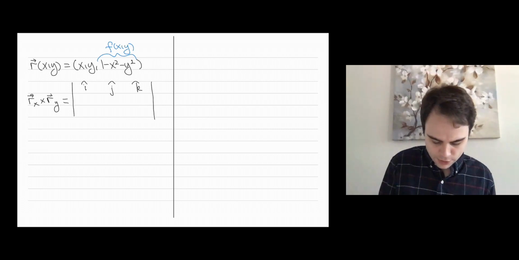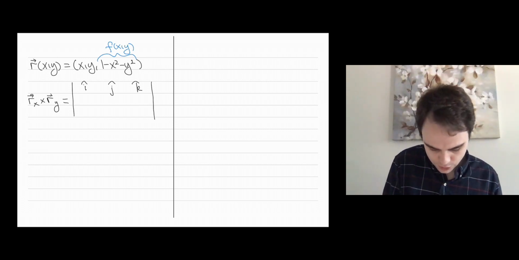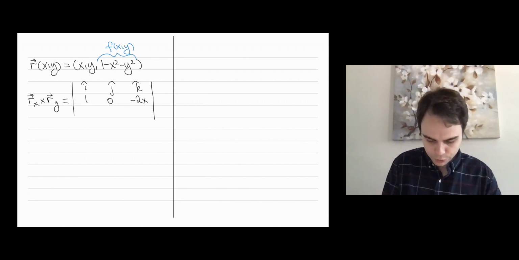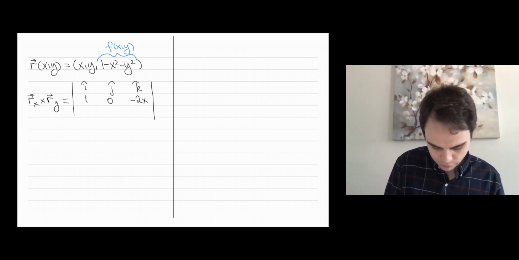Okay, so let's do this cross product. The x partials here are 1, 0, and the x partial of this part over here, that's minus 2x. The y partials of the three components are 0, 1, and minus 2y.